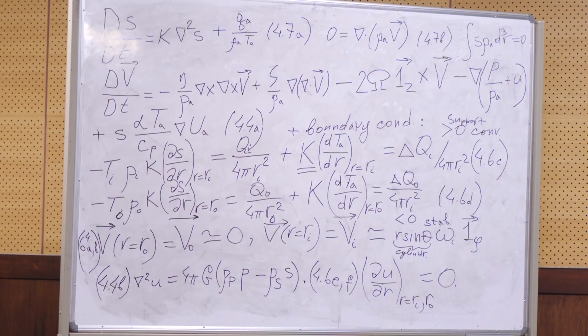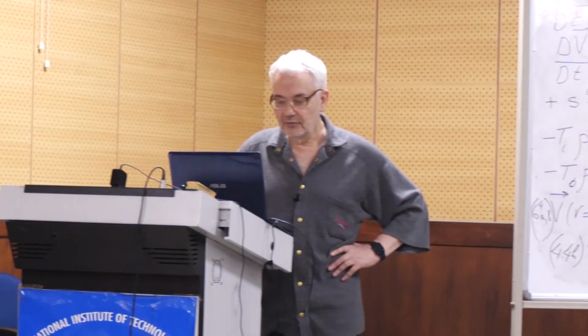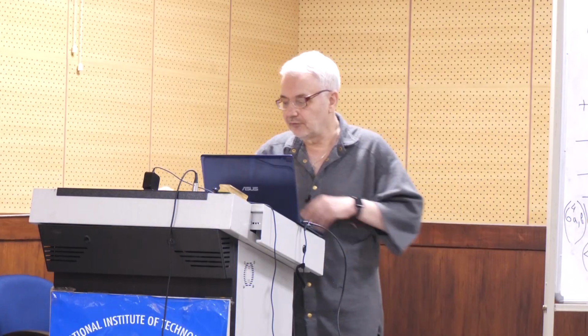It's just a collection of all equations. 4.1 is the initial equation which we have, all of them are actually 4.1. In this chapter, it has 1, 2, 3, from A to E. So all these equations are the initial equations.